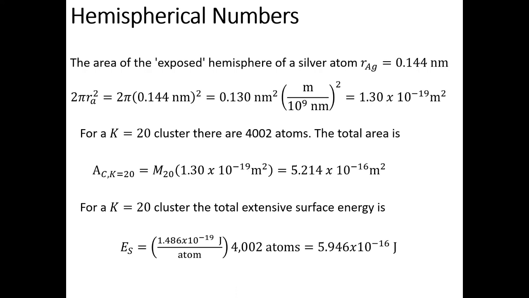You can calculate the hemisphere of the silver atom from the diameter, which is 0.288 nanometers. So the radius is 0.144 nanometers. And it's simply 2 pi r squared. Normally, surface area of a sphere is 4 pi r squared, but we're only doing hemispheres, so it's 2 pi r squared. We get 1.3 times 10 to the minus 19 meters squared.